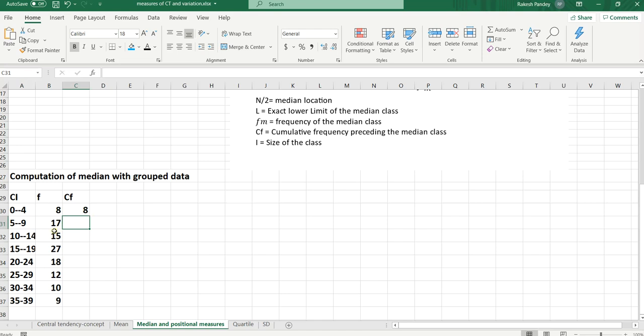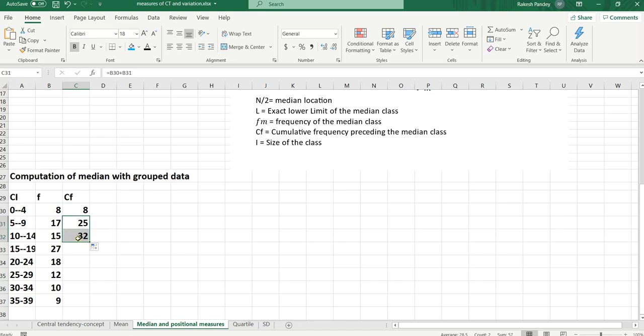Now the second CF will be 8 plus 17. So we can write this. Let us try to write this in a formula. This plus this, 25.